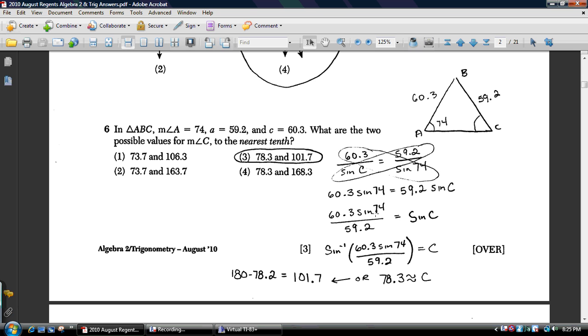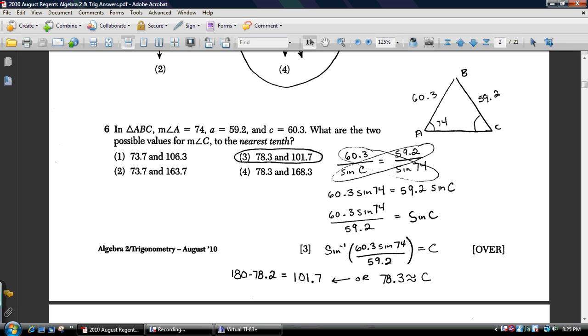Now, in order to find out how much C is, you have to do the sine inverse of all of this. That's what I'm doing over here. Sine inverse of all of this is 78.3. But there are two values which will work in the law of sines: the value that you get from the original equation, and also 180 minus that.